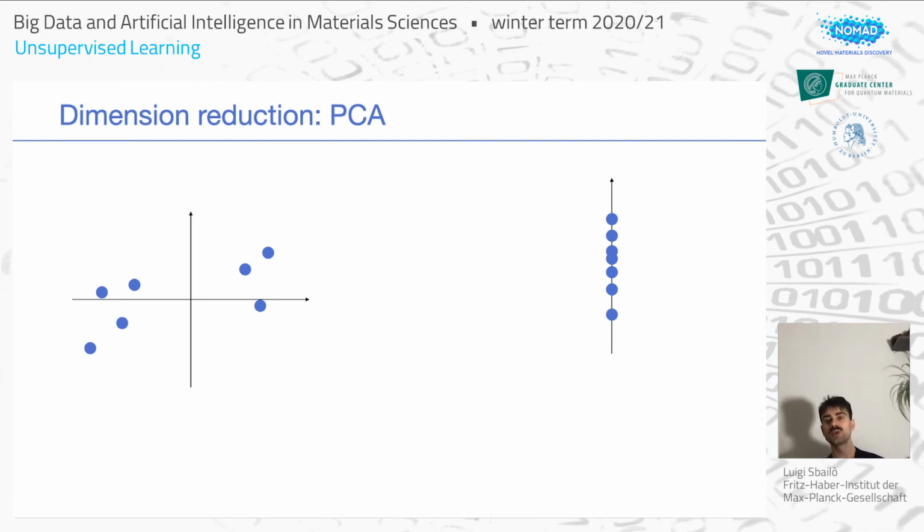But this is something that we are not very happy about, because if we look at the dataset in a two-dimensional space, we can immediately see that there are two different clusters. And if we look at this one-dimensional projection, we are losing that information completely.